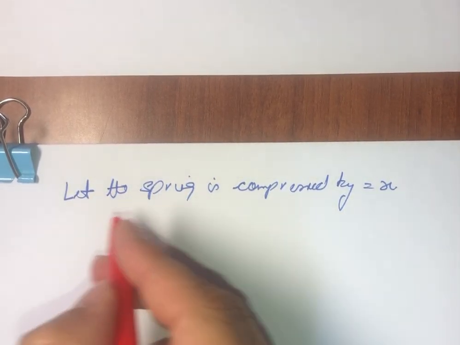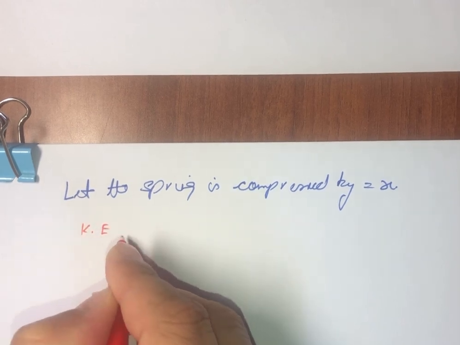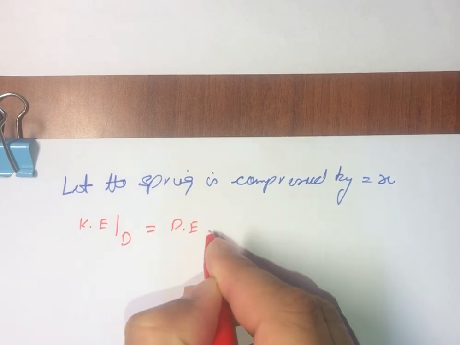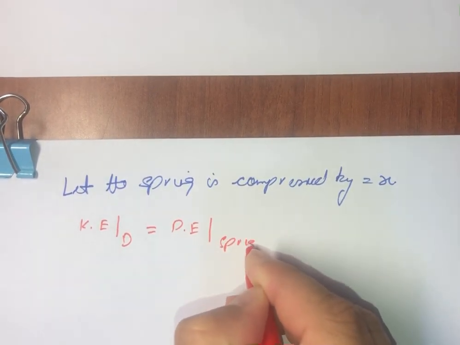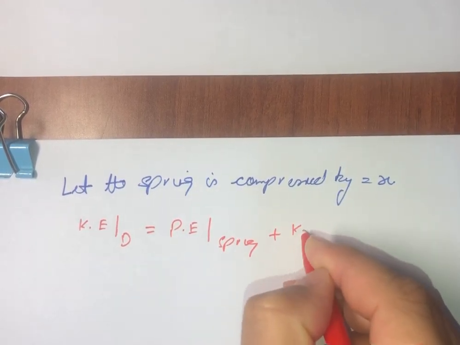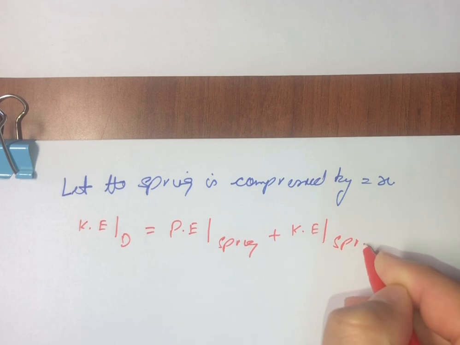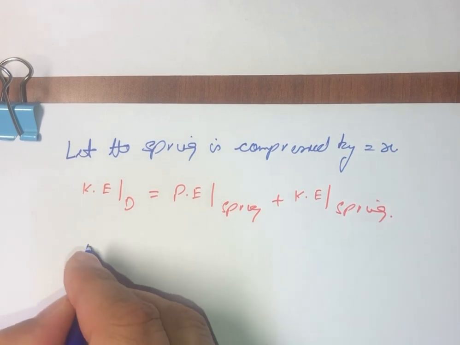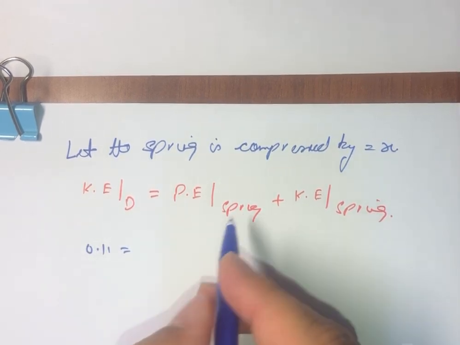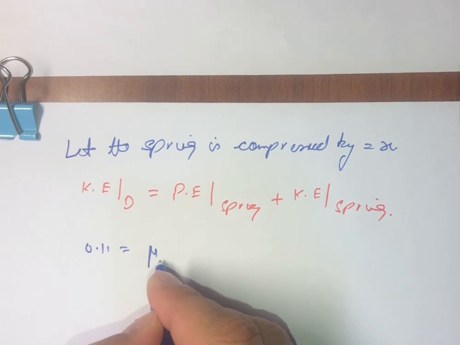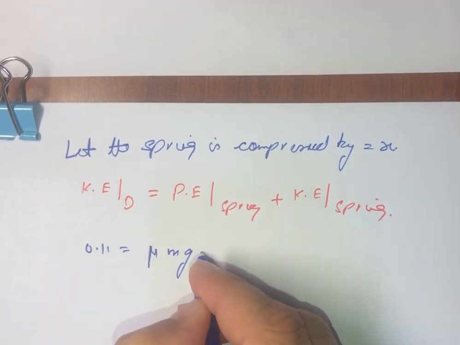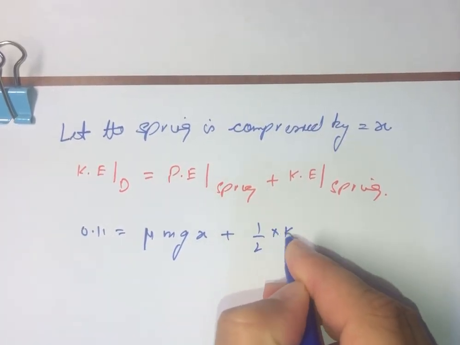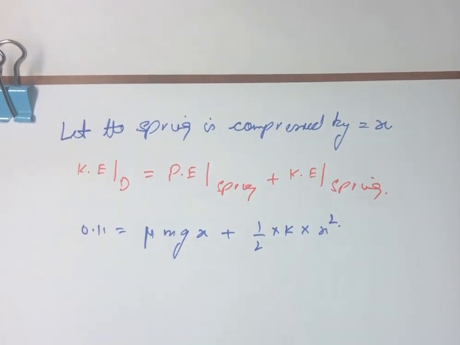So we can write the equation that the kinetic energy at D is equal to the work done against friction plus the potential energy of the spring, which is mu times m, g and x, where x is the compression, plus half k x square.